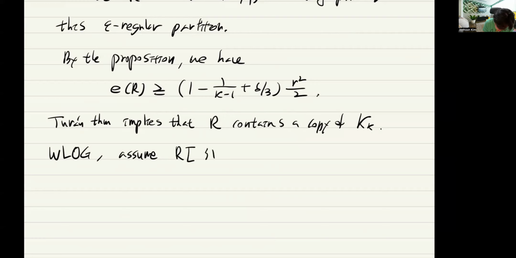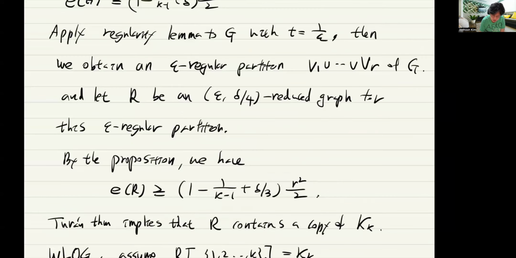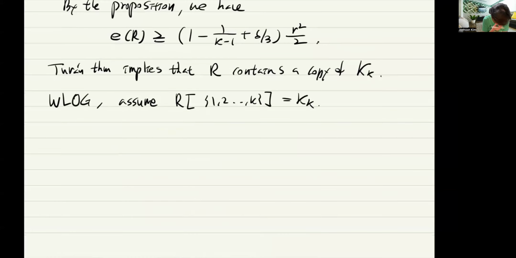We assume that the first k vertices in this reduced graph induce the complete graph. Then that means B1 and B2, and Bi and Bj, are epsilon, delta over 4 plus, regular for all of them.